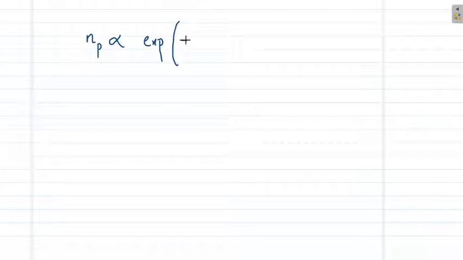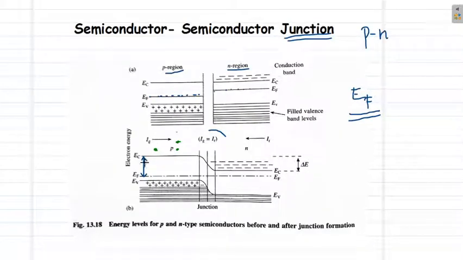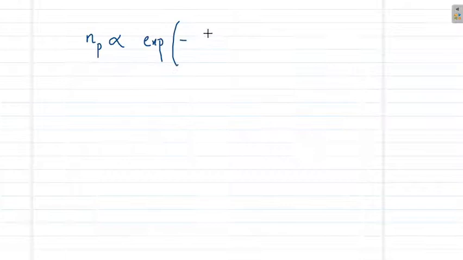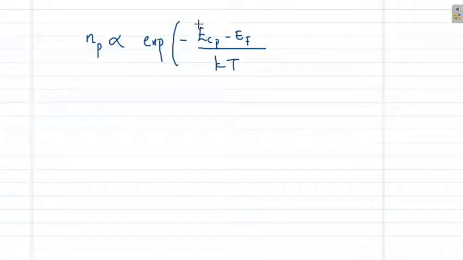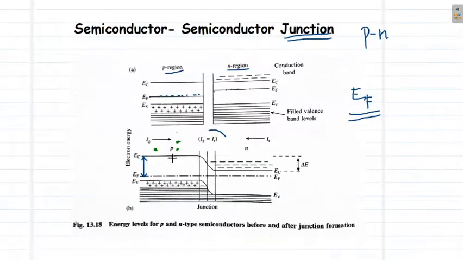So I can write NP is proportional to exponential minus ECP minus EF divided by kT. So that many minority carrier electrons will be there in the conduction band of a p-type material. In the case of an n-type material, that delta E is very small.